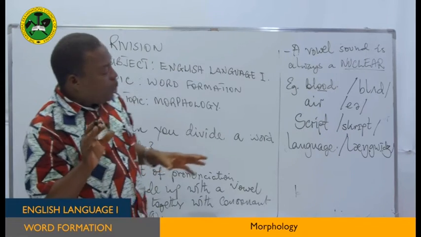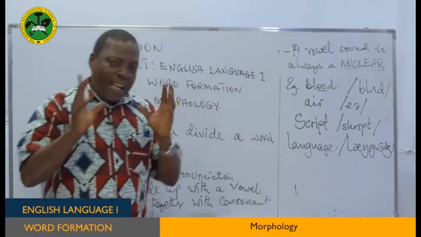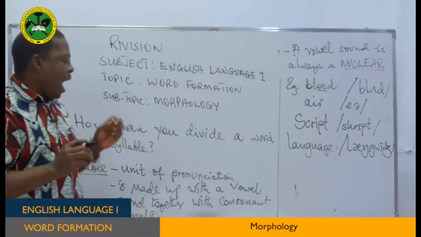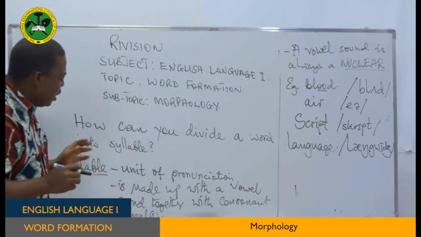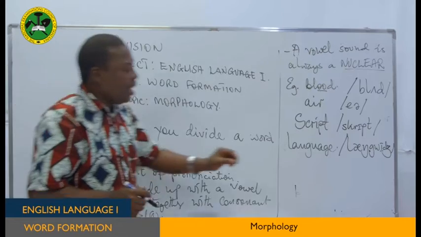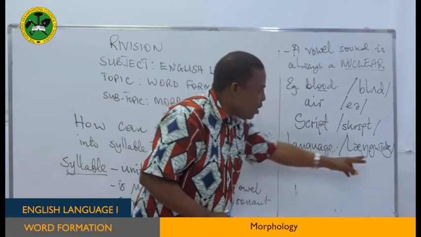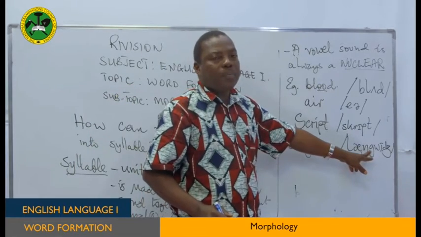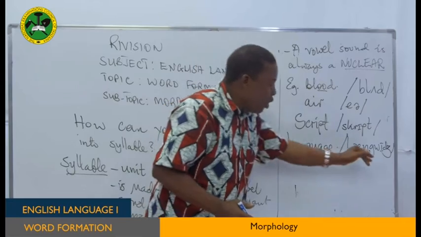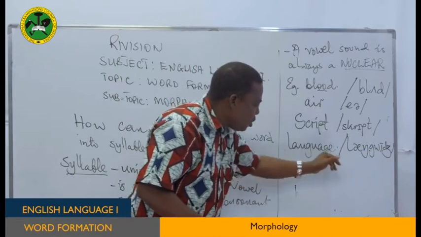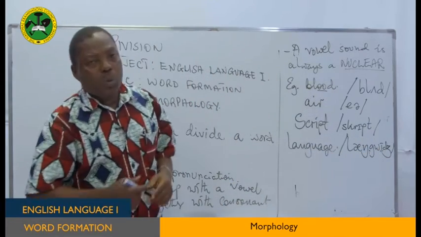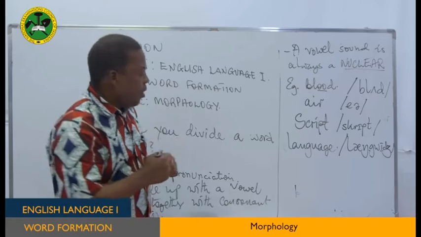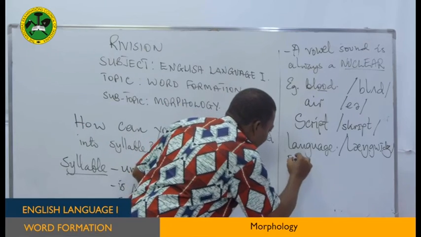So it is at this point that I wanted us to think about how you can divide a word into syllables. In this case, the word language is divided somewhere here. It becomes easy when you pronounce it. But when it comes to the normal spelling, what do you do? Think about this word again.